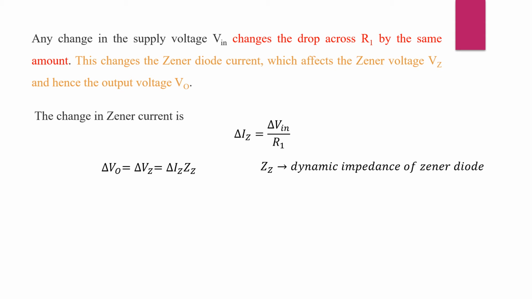The change in output voltage delta V0 will be equal to delta Vz, which is equal to delta Iz into Zz. Here Zz is the dynamic impedance of the Zener diode, which depends upon the condition of the diode at that particular instant. Therefore delta V0 will be equal to delta Vin into Zz divided by R1. This is the change in the output voltage when there is a change in the input voltage.